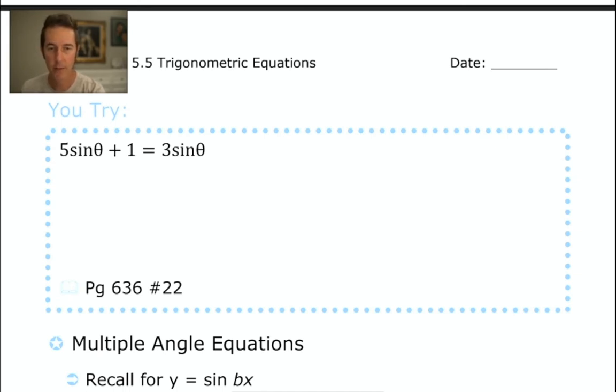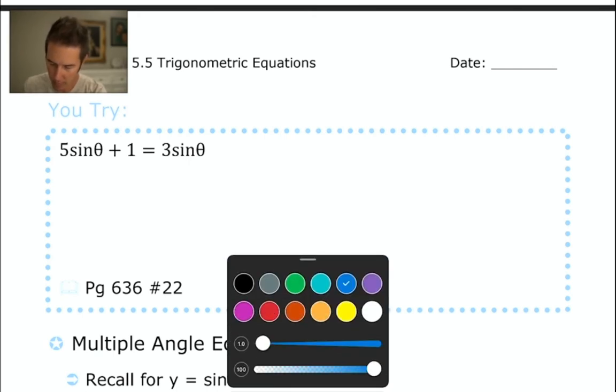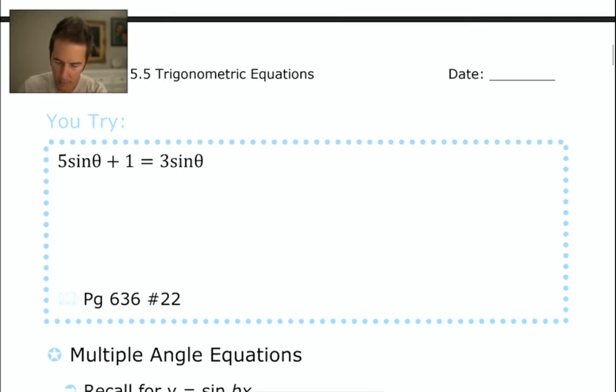Here I'm going to subtract 3 sine theta from both sides, and if you would like to, you may put a minus 3 sine theta off to the side. That's the notation that I like to use. Just a little note about what I'm doing to both sides of the equation. The left-hand side results in a 2 sine theta. The plus 1 is still there.